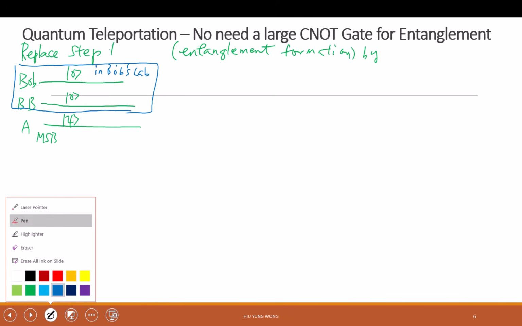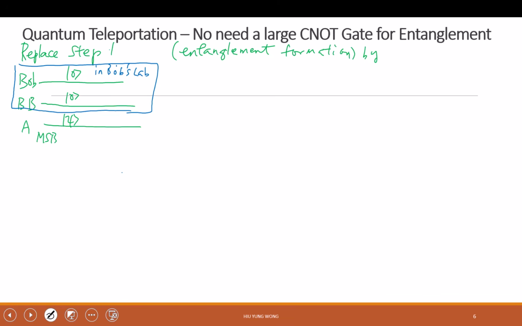And then what do they do? They are going to do this. Bob is going to apply a Hadamard gate to BB, and then a control NOT gate to both of them. Do you know what is the purpose of this? Bell state or entanglement, right? We try to do entanglement.